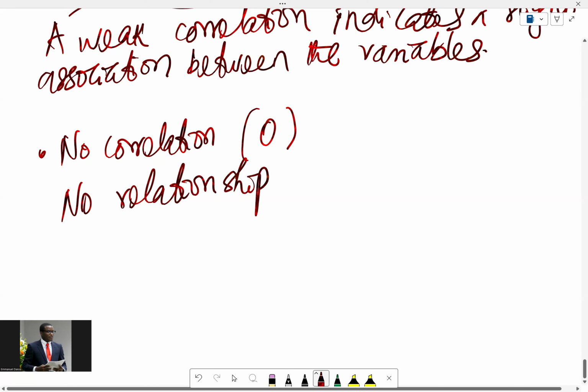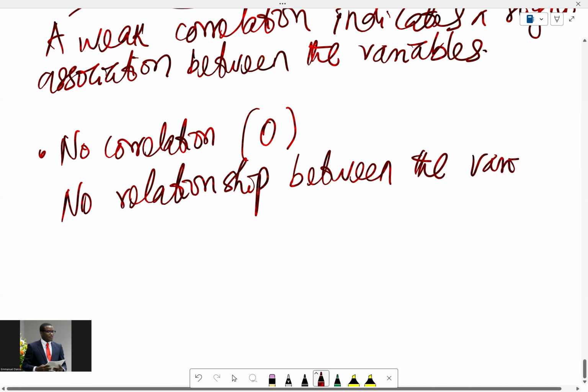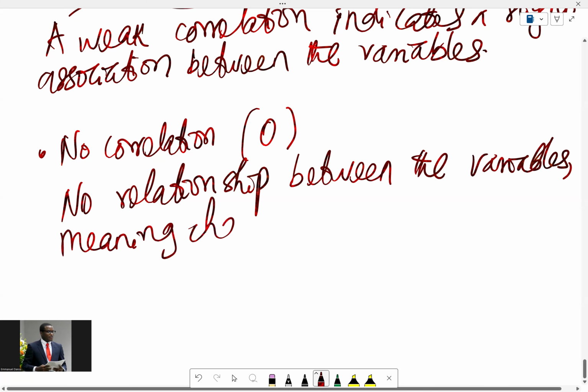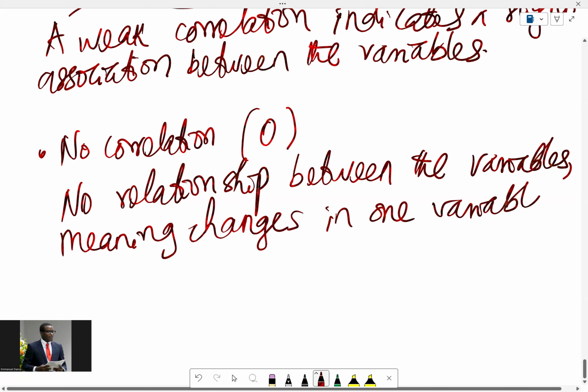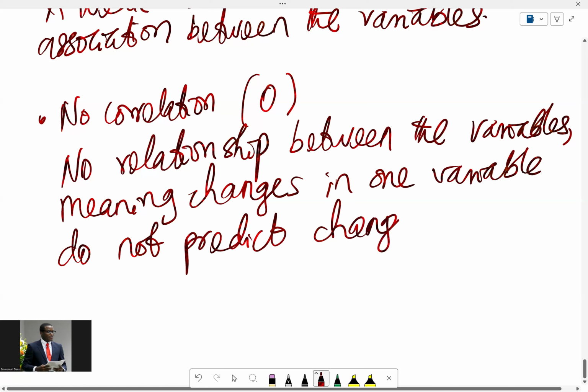That also works. No relationship between the variables, meaning changes in one variable do not predict changes in the other.